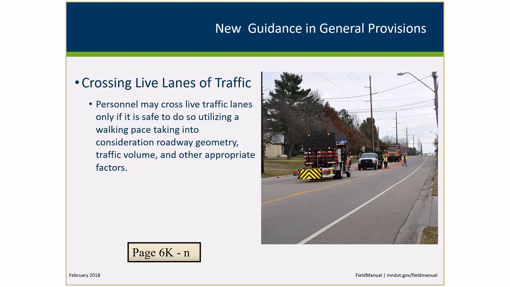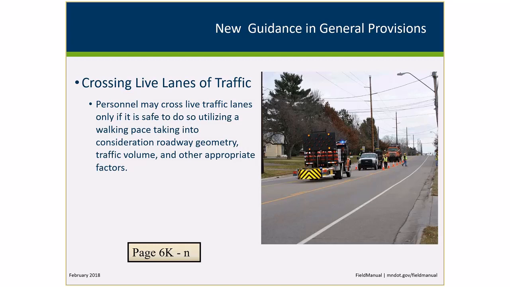So working with the Minnesota Committee of Uniform Traffic Control Devices and the safety personnel, we came up with language talking about how to cross live lanes of traffic: personnel may cross live traffic lanes only if it is safe to do so, utilizing a walking pace, taking into consideration roadway geometry, traffic volume, and other appropriate factors. The reason we wanted to have that in there is that if you're walking, you're much less likely to trip.